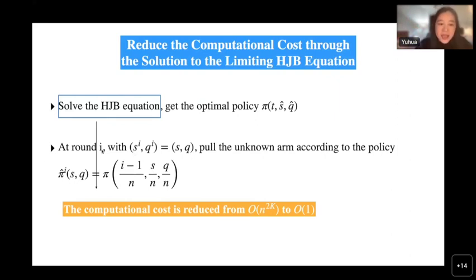Then at each round i, we will have the data and arrive at some state. We rescale this state to the rescaled f hat and q hat and t, and then we use the optimal policy to pull our arm.